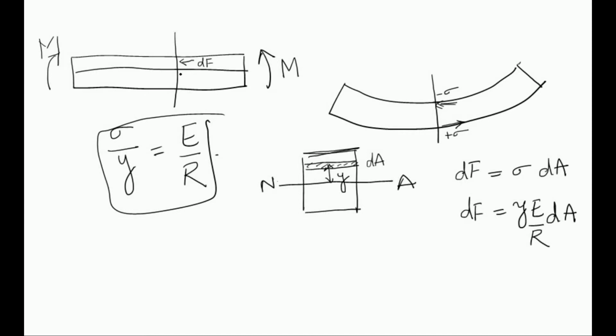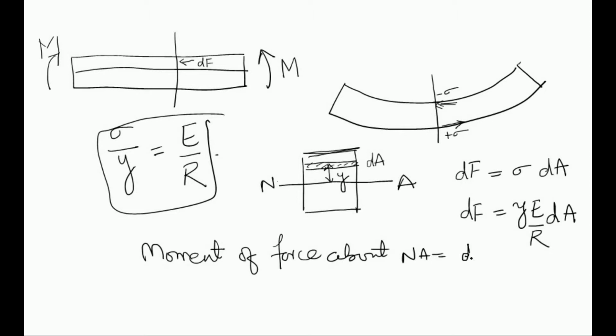So now the moment of this force on this small elemental area about the neutral axis is dF times y, because this force is acting at a distance of y. So dM is F times y, so this is E by R y square dA.